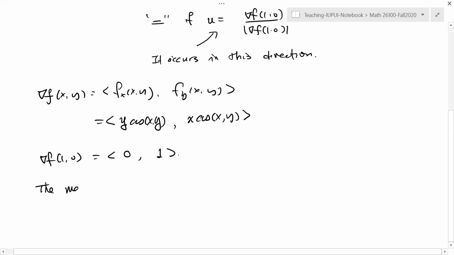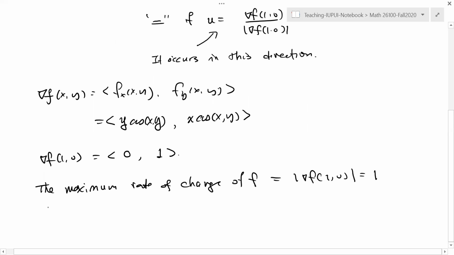The maximum rate of change of f is the length of this, which is going to be 1.